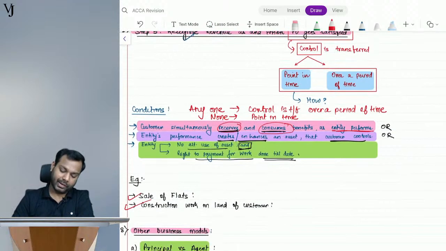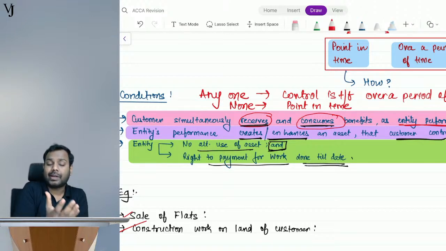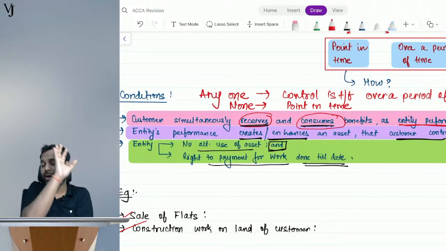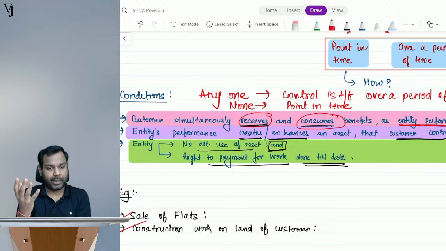Can you explain the second condition a bit more? See, it says that as and when I am performing, it creates or enhances an asset that the customer controls. Let's suppose I am going back to my old example. DLF is constructing a property for Reliance, for Mukesh Ambani.